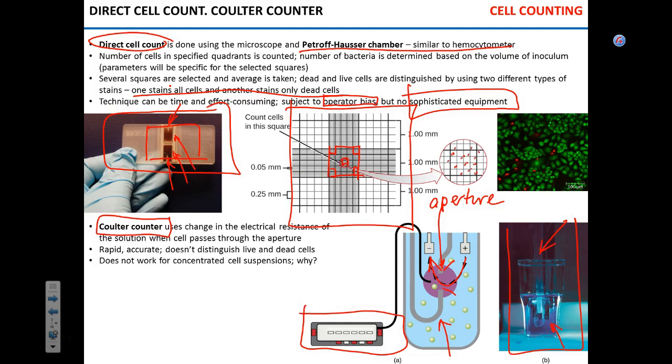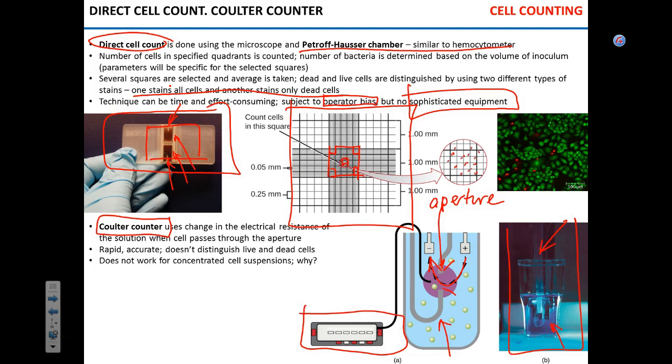You see, every time you see a shadow, you can say somebody walked in. Does that make sense to you? You understand what I'm saying? You don't really need to see an actual person. All you need to see is a shadow. So this device allows you to see a shadow of a cell, a change in the electrical resistance.